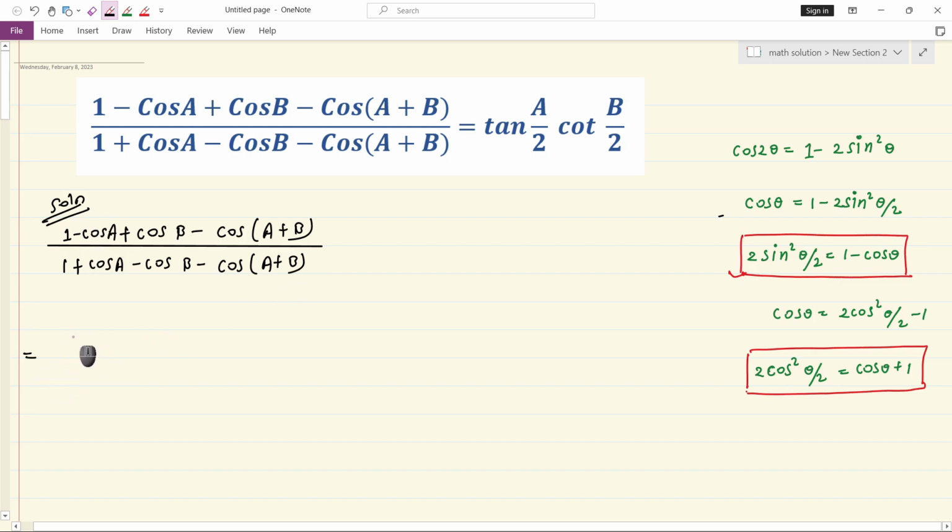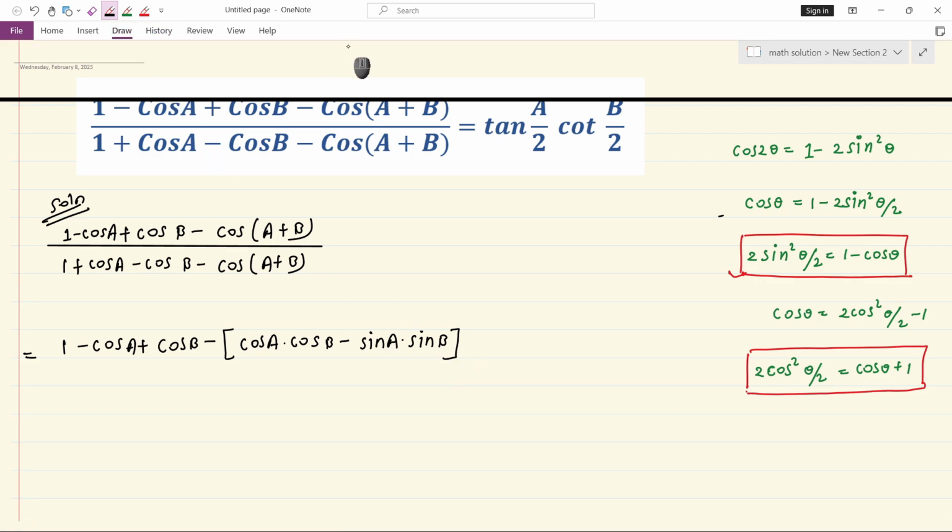We write the first term as it is, 1 minus cos A, nothing new. I write cos B the same, then minus cos(A+B). We have the formula of cos(A+B): cos A cos B minus sin A sin B. So now we apply the formula here: cos(A+B) equals cos A dot cos B minus sin A dot sin B. I am keeping it in brackets. Now let's give the fraction.